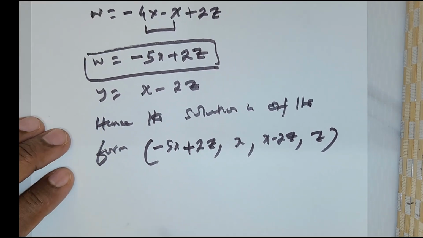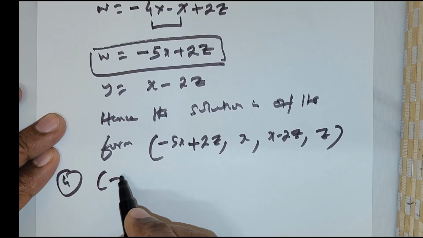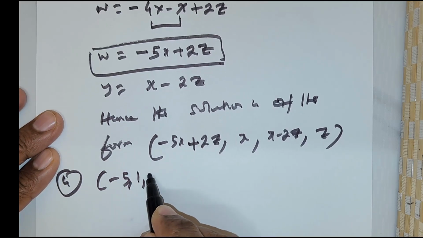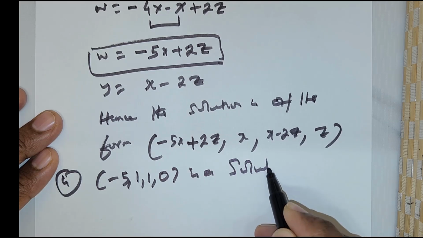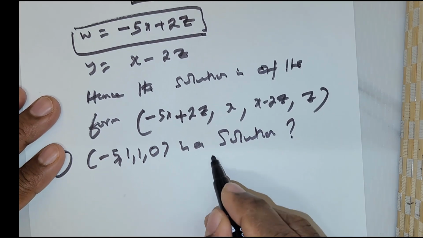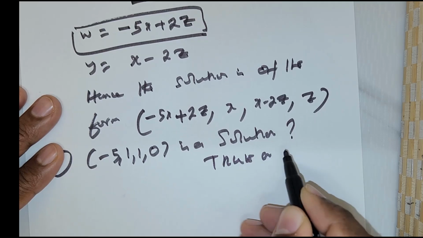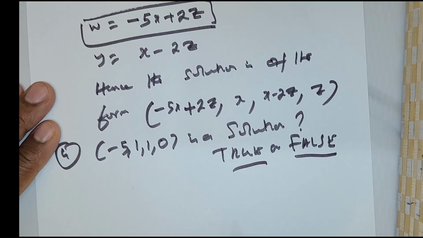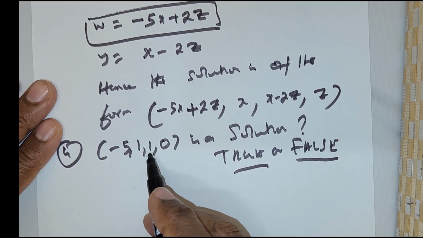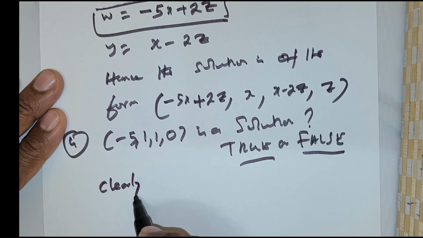Now what they are asking in choice 4 is whether negative 5, 1, 1, 0 is a solution. We need to know if this is true or false. Now clearly, what do we see here?